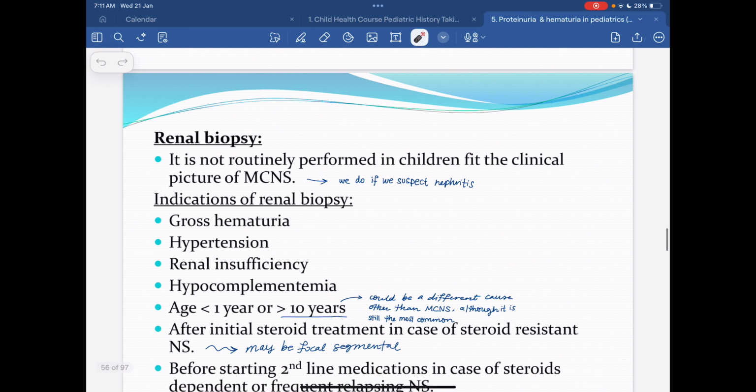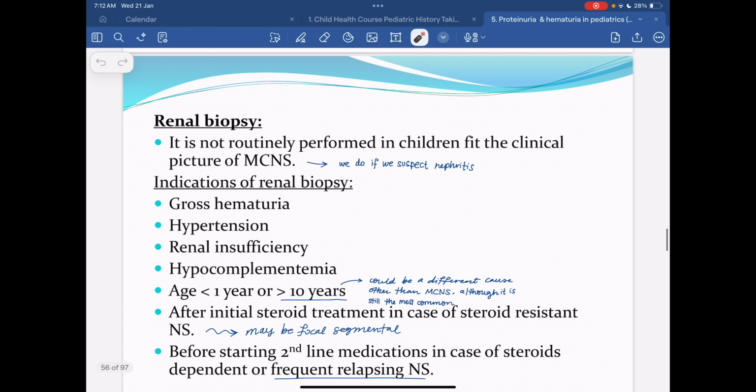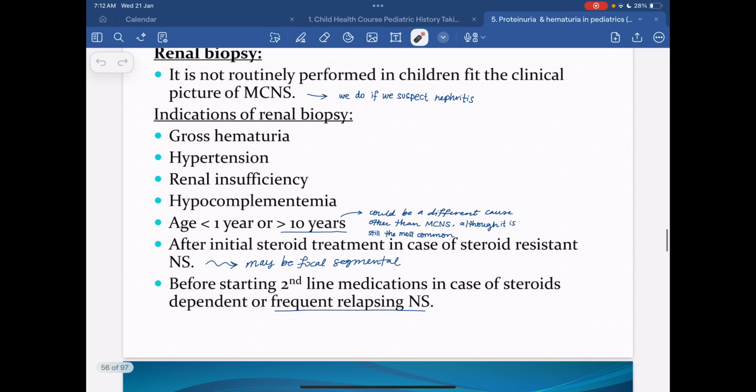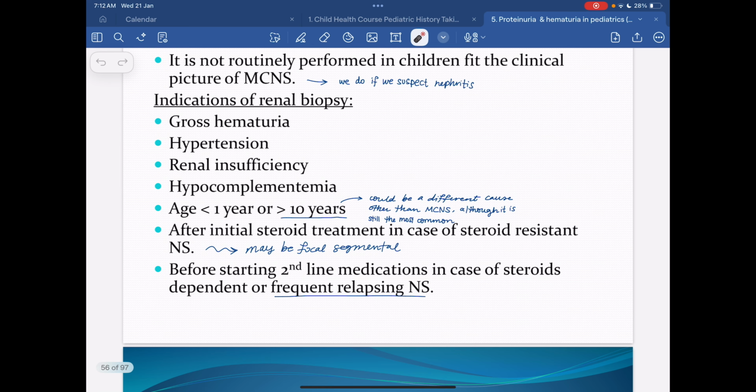The renal biopsy is not routinely performed in children. When do we do it? If we suspect nephritis, so if we have gross hematuria, if we have hypertension, remember? Both. If we have renal insufficiency, here we have reached a somewhat serious stage. Hypocomplementemia, because the same thing is found in nephritis, and it will be mentioned further below.